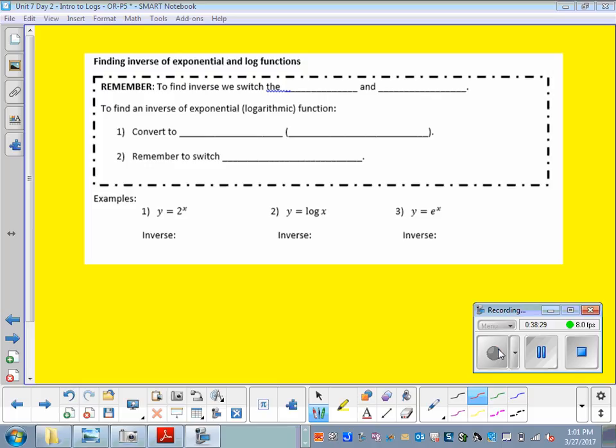So the other question that you can get about these log functions in our class is find the inverse of an exponential or find the inverse of a log. And by now, hopefully you know that the log is the inverse of exponential, and exponential is the inverse of log, right? So whenever we need to find the inverse, we switch the argument and the answer, for x and y.